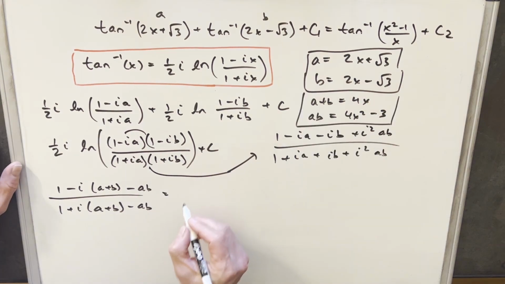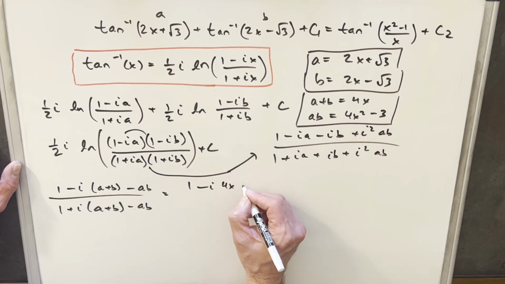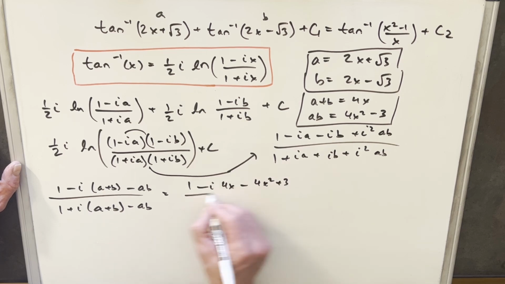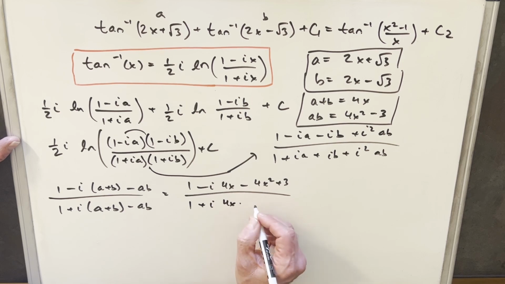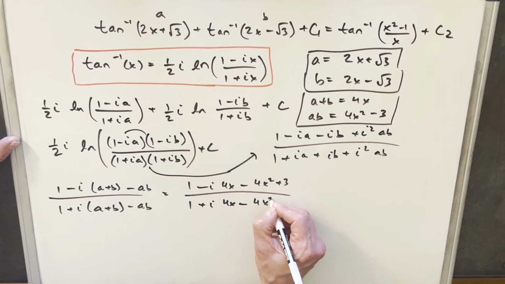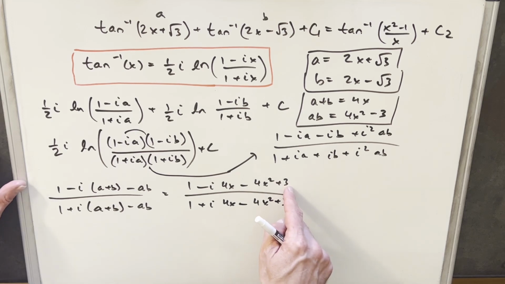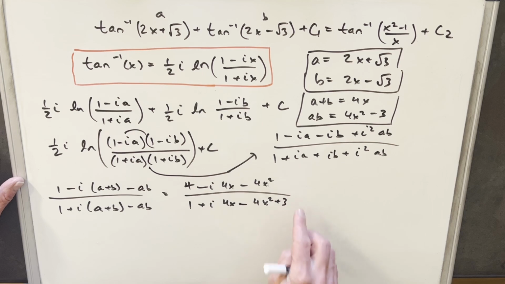So plugging these values back in, we're going to have 1 minus i 4x, and then minus (4x squared minus 3), which is minus 4x squared plus 3. In the denominator, we'll have 1 plus i 4x, and then the exact same thing here, minus 4x squared plus 3. Then to save myself a step, I'm going to add this 3 to the 1 and get a 4. We'll have a 4 here, and the same thing here.